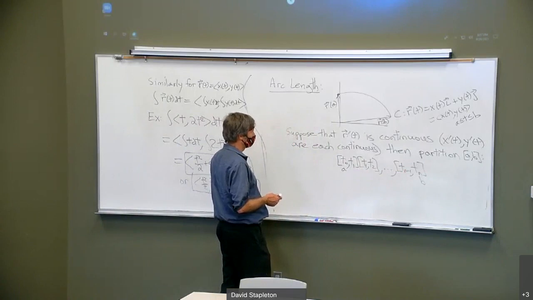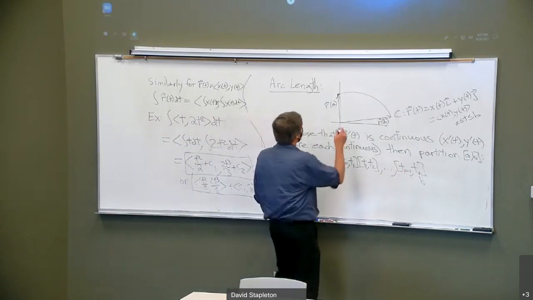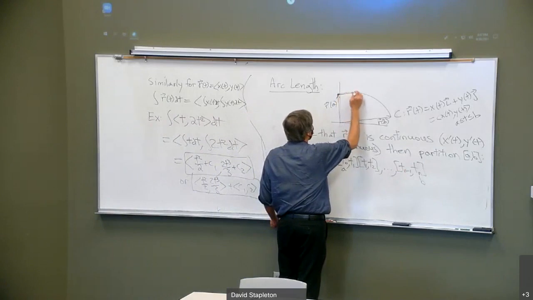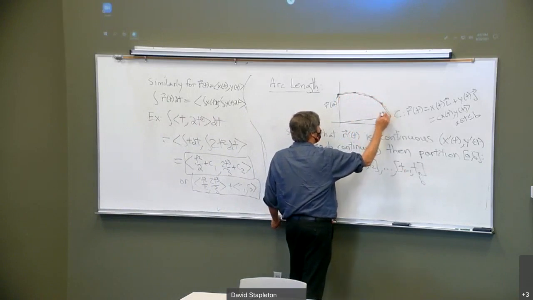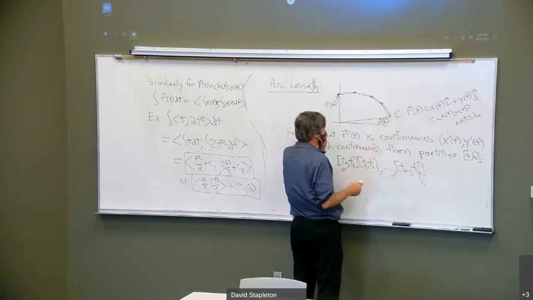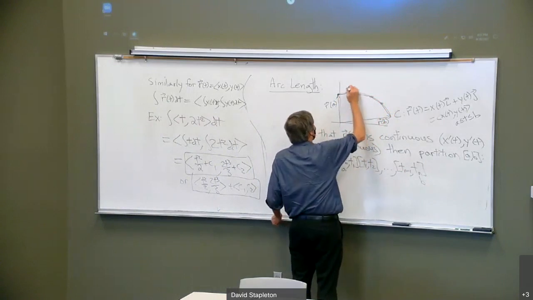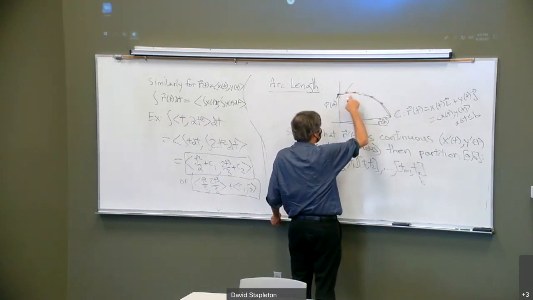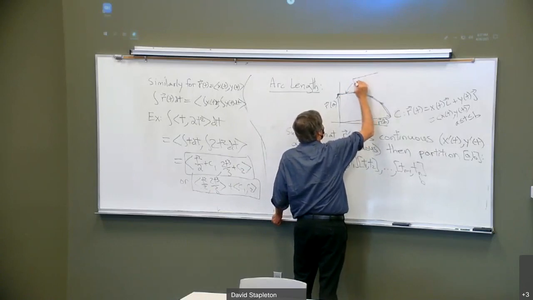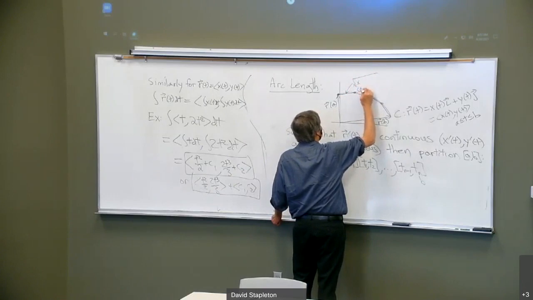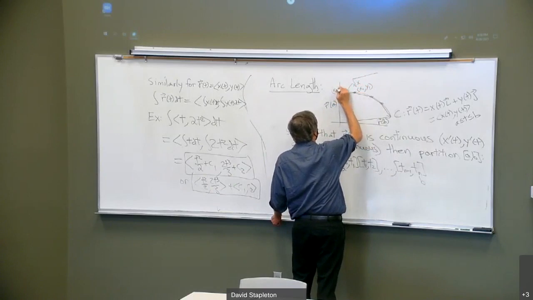Now, we can estimate the length of arc by taking line segments from here to here, here, here, all the way down from here to here. And so what's the length of each line segment? We know that from algebra, right? The length of a line segment is the square root of, well, let's see, this is x1, y1. This is x0, y0, and so on.